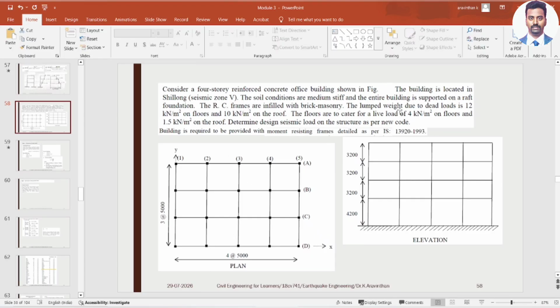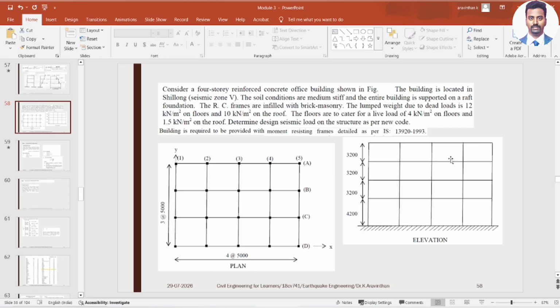And here the lumped weight due to dead load is 12 kilonewton per meter square. And it has been understood that this brick weight is being converted to dead load on the floors. So these are first floor, second floor and third floor. In all the 3 floors, this dead weight is being distributed including the self weight.